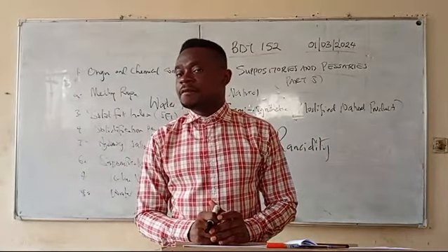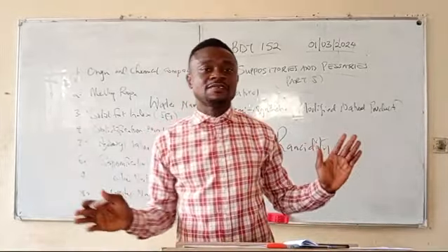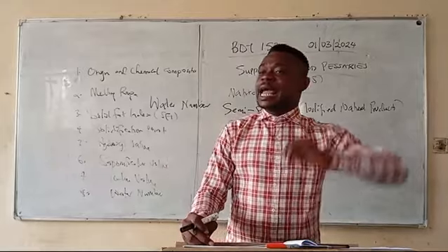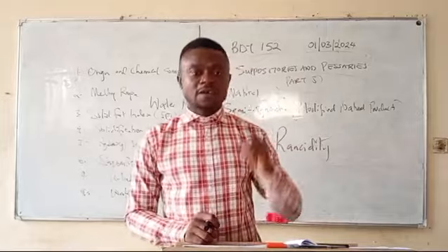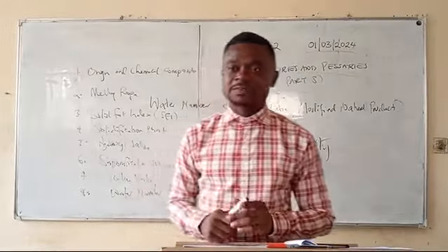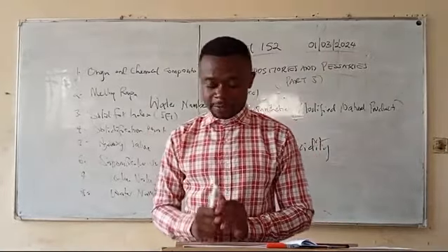The acid value of any substance, fat inclusive, is the amount of potassium hydroxide in milligram required to neutralize the free fatty acid in 1 gram of fat. Because when you talk about free fatty acid, we are talking about fat.